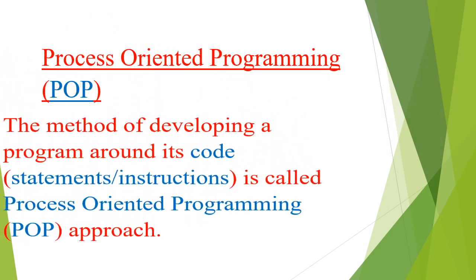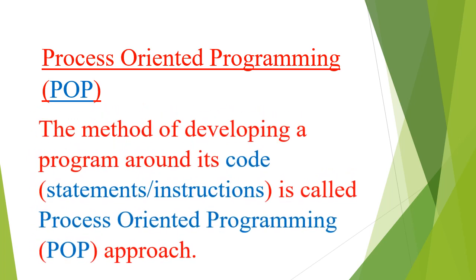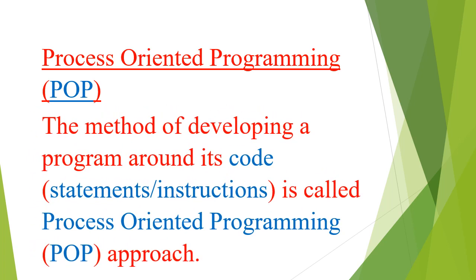What is process-oriented programming? In short, it is known as POP. The method of developing a program around its code or instructions is called the process-oriented programming or POP approach.